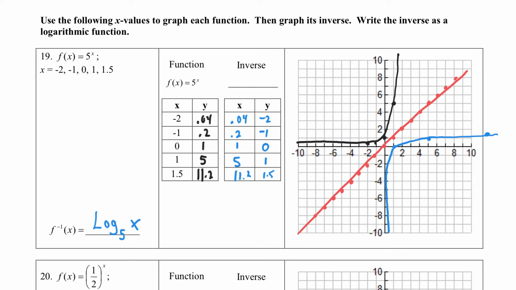And there's my graph. Here, we have y equals 5 to the power x. And this graph is y is equal to the log base 5 of x. It's the inverse.